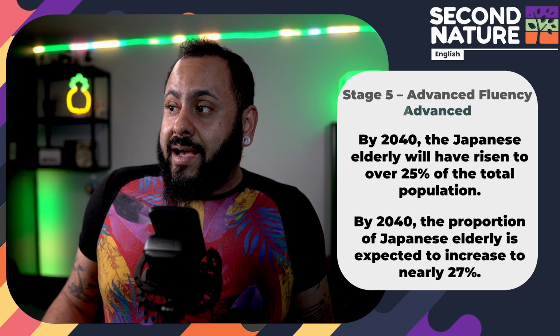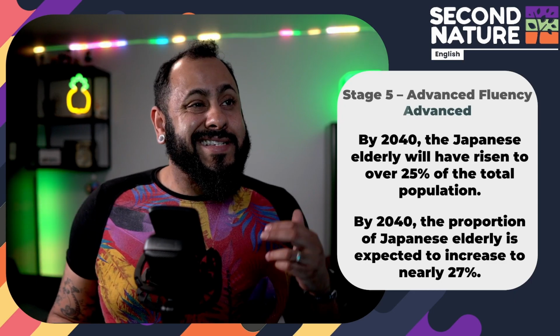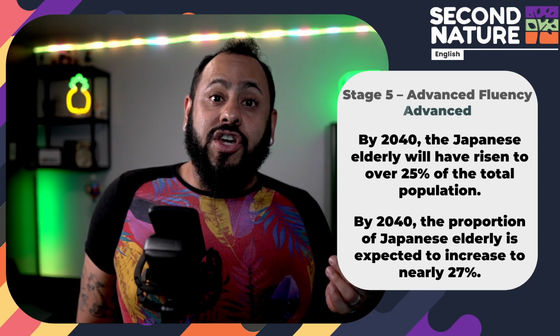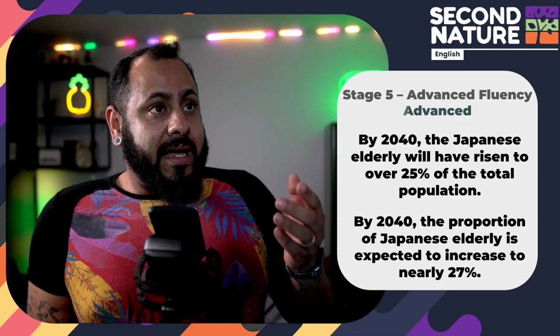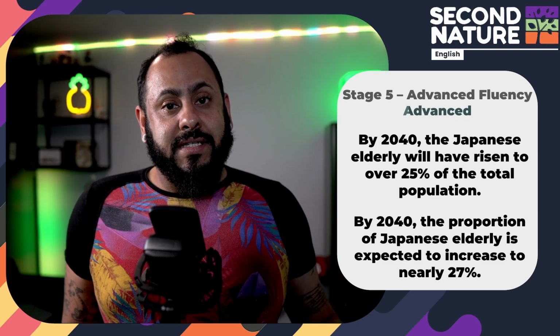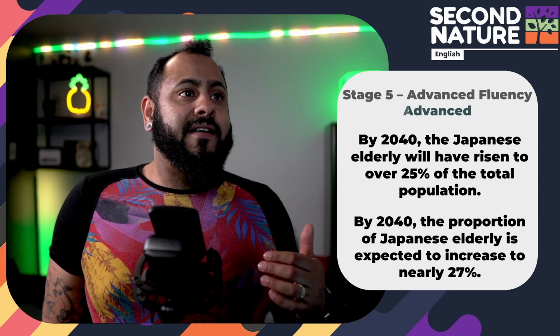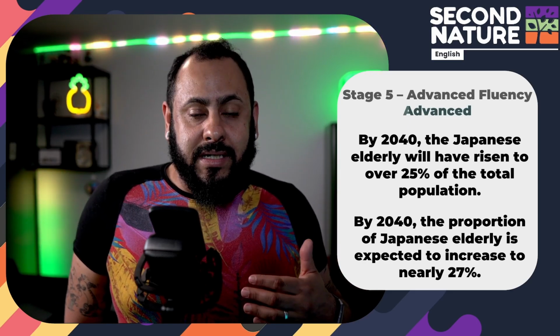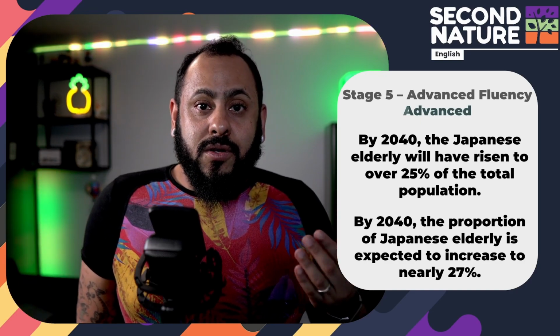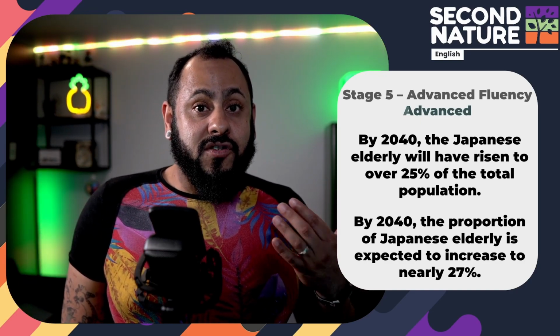So the first thing that we have is the difference of preposition. The second one will be the changing verb tense. In the first example, we have the future perfect simple with will have risen. And in the second example, we have is expected to increase. In this particular case, we're also making a prediction with a different type of structure.